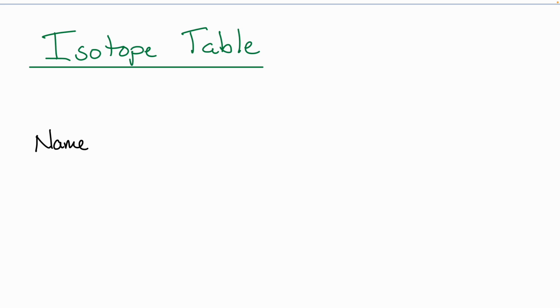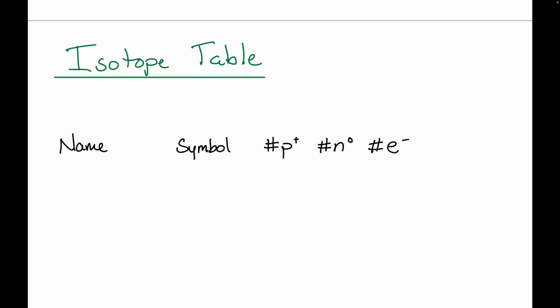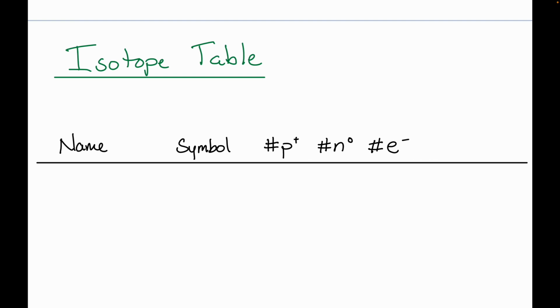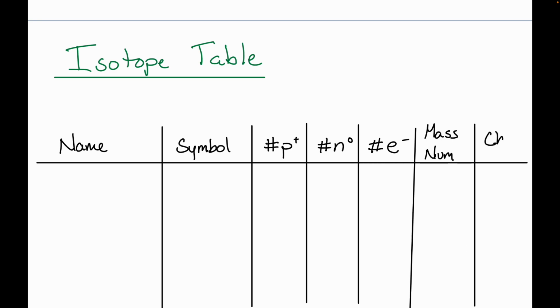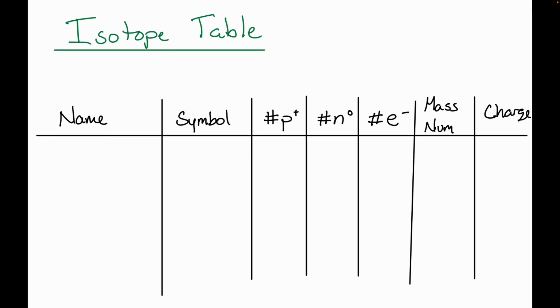We have the name of our isotope, the symbol, number of protons, number of neutrons, number of electrons, as well as those two new quantities that we discussed, the mass number and the charge.